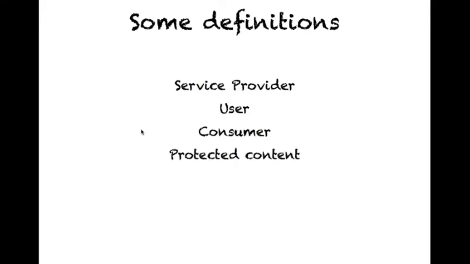The protected content is the data that you wanted to get or to share. The consumer key is a value that gives the identity of the consumer to the service provider, and the consumer secret is a value or a password that authenticates that the consumer who has it is the owner of this key.